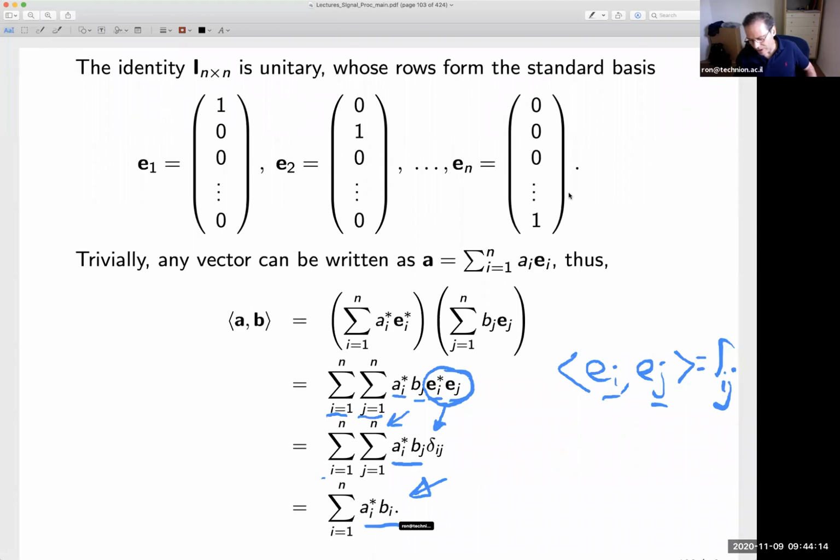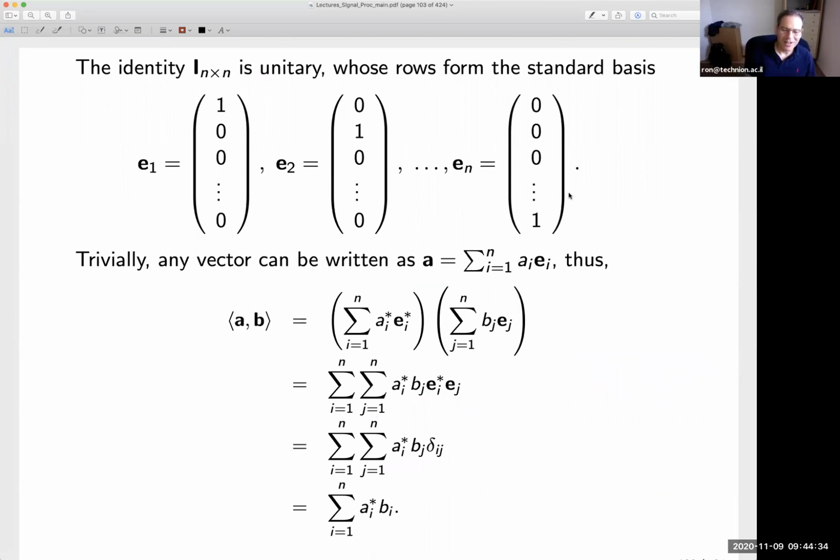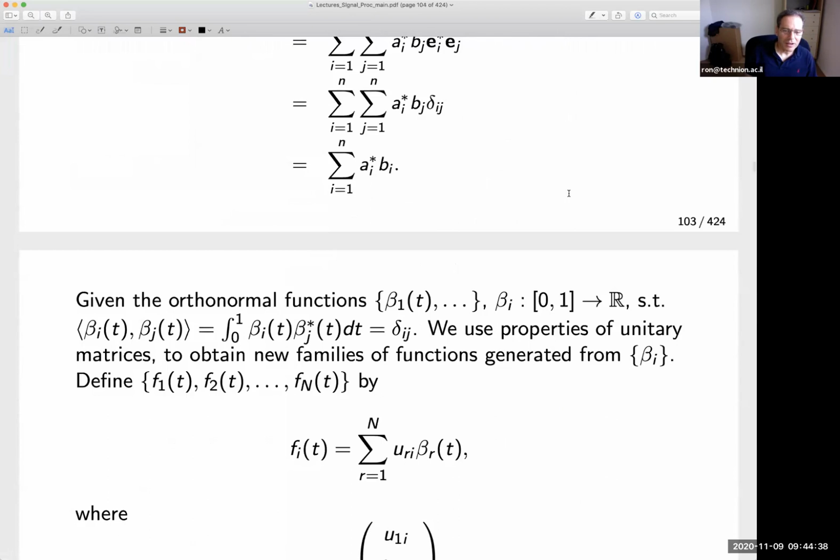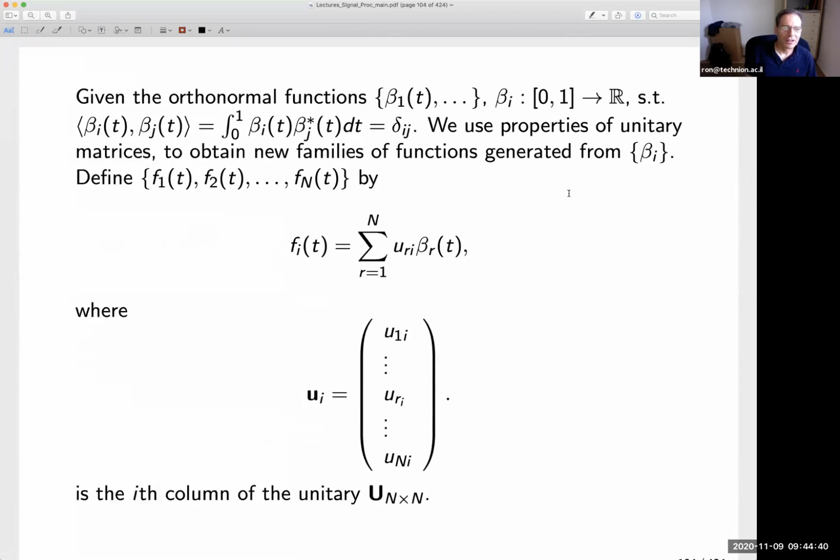We started from the inner product, we wrote each and every vector as a linear combination of the trivial basis, the rows and columns of the identity matrix, and at the end of the day, what we get is by definition the inner product. So there is nothing complicated about it.